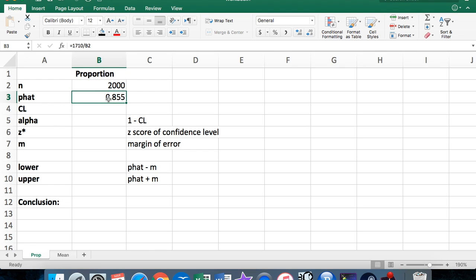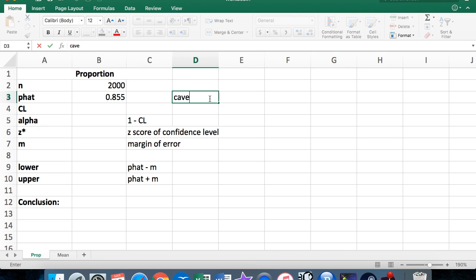Remember, that's our caveman definition of probability: what you want divided by everything, so everything you're studying.